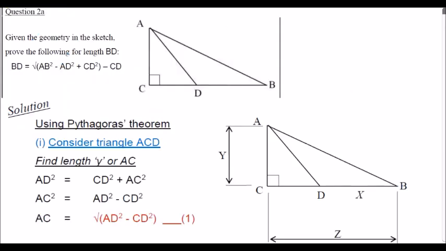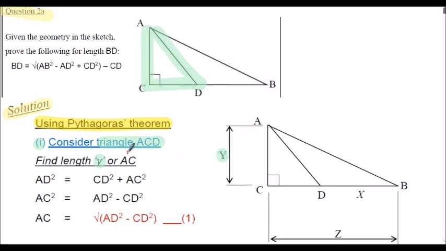So question 2a, here's the beginning of the solution. We're going to use Pythagoras theorem here. Step 1, I've considered triangle ACD, this triangle here. I'm going to find length y of this triangle shown here. And of course dimension y is actually AC, labelled on the diagram here.